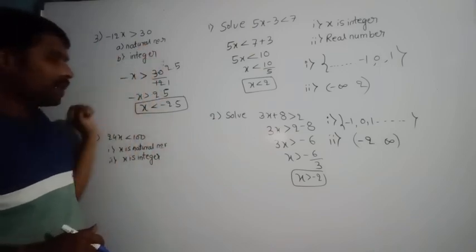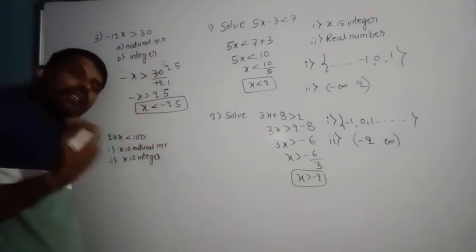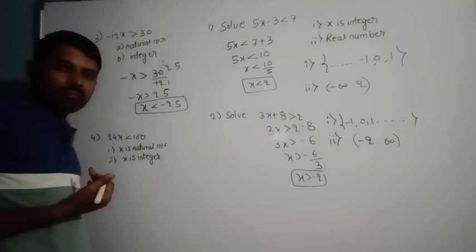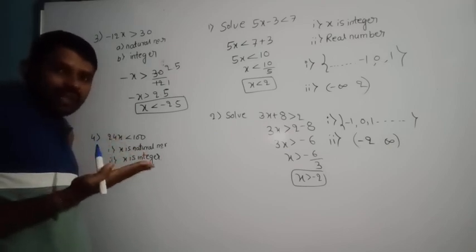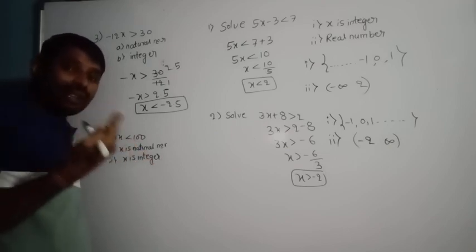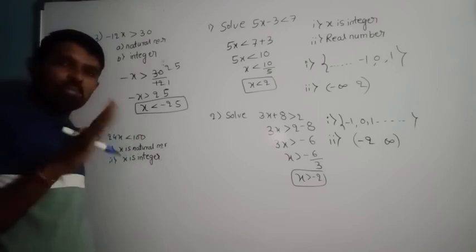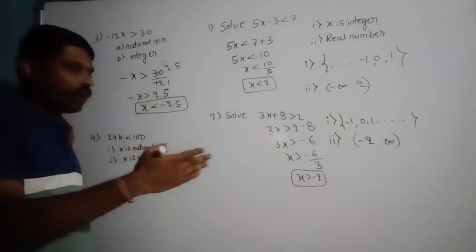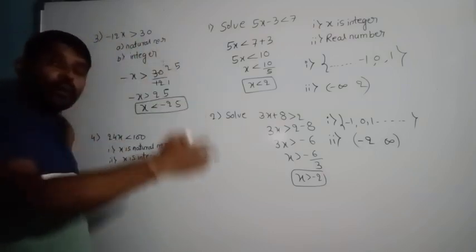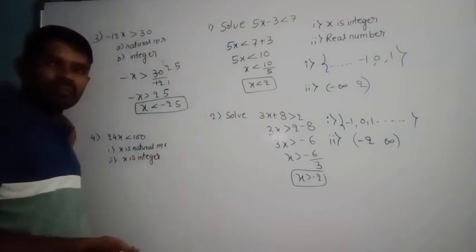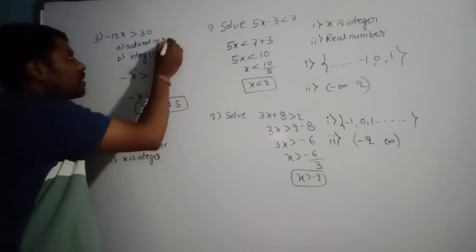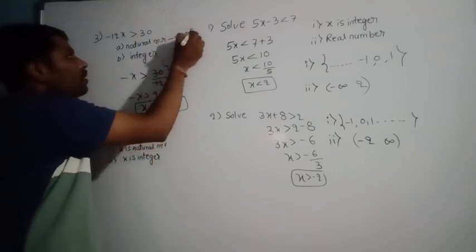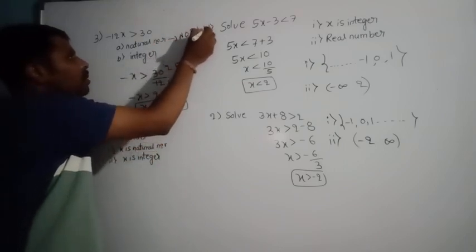Which natural number is less than minus 2.5? Is any natural number there on the negative side? Because natural numbers start with 1, no? So less than minus 2.5, they are asking, is any number available? No. So the answer is no solution.